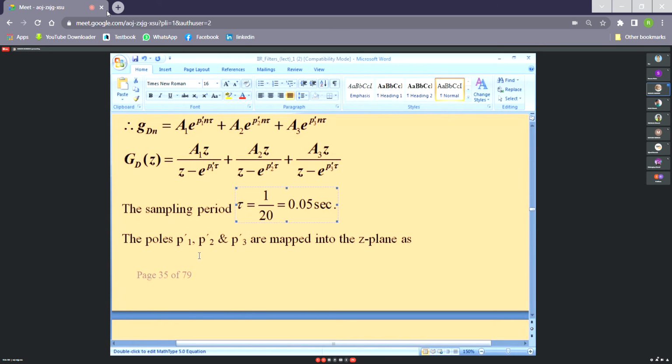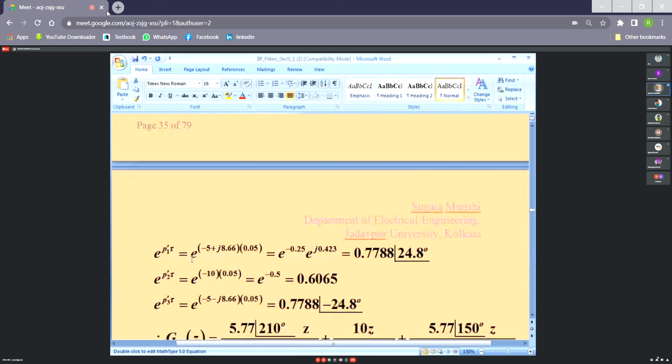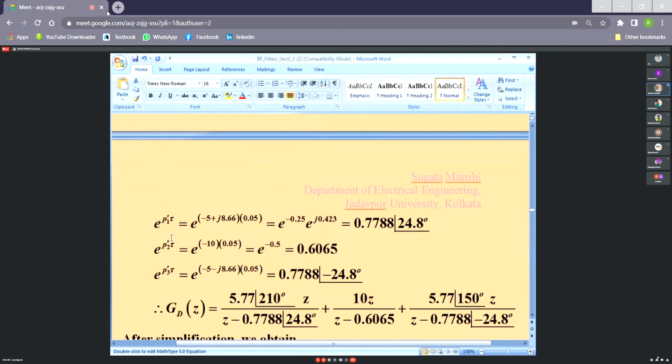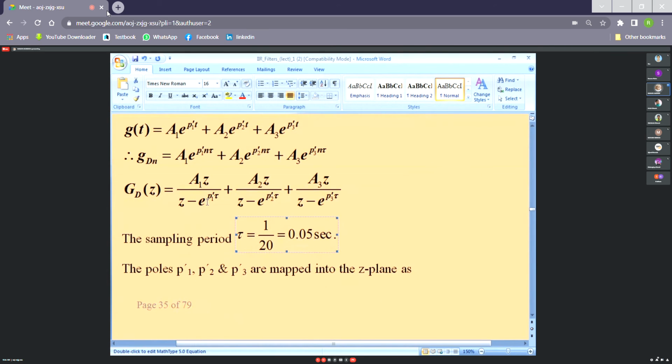The poles P1 prime, P2 prime, and P3 prime map into the Z plane as e to the power P1 prime tau, because the expression for GDZ will be this expression.